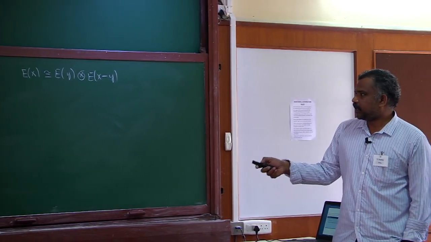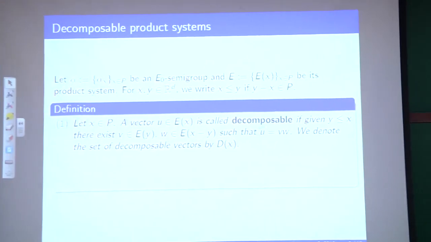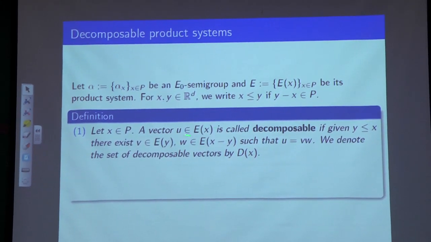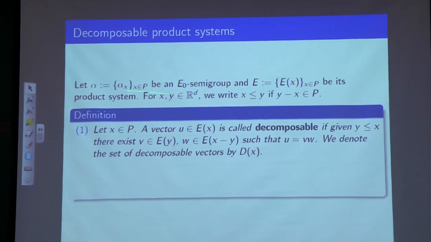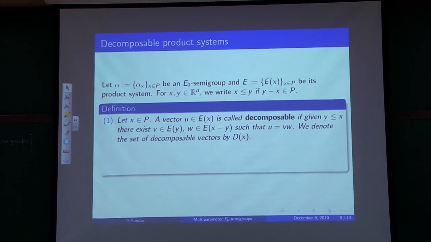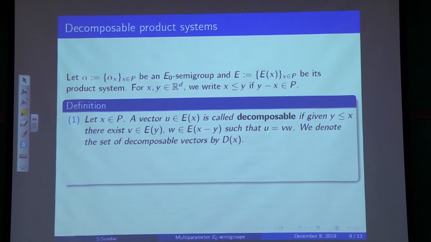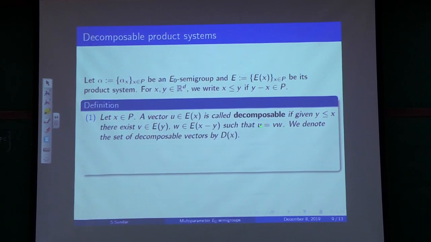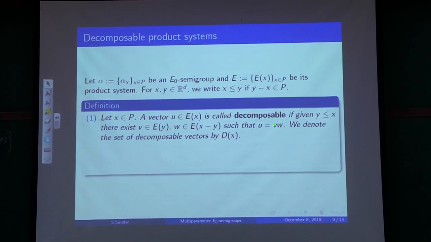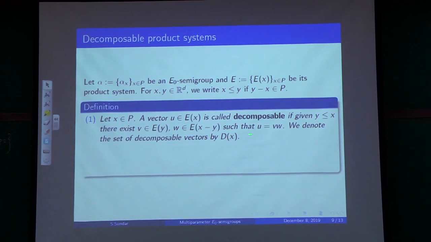So a vector u is called decomposable if it is non-zero, which I forgot to write here, and given anything less than x, you can write u as v tensor w. Anything you can always split, it is always decomposable. So that's why it's called decomposable. We denote the set of decomposable vectors by dx.